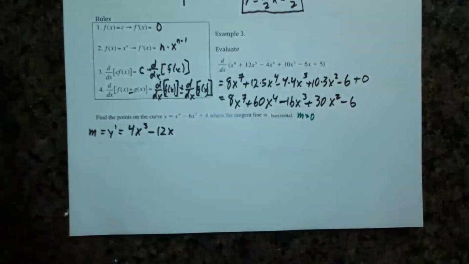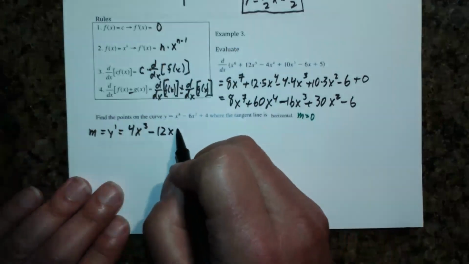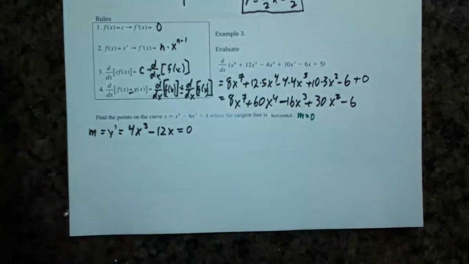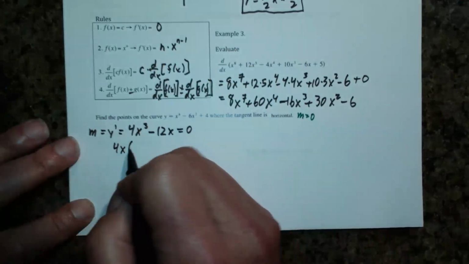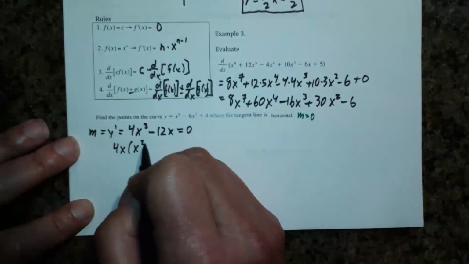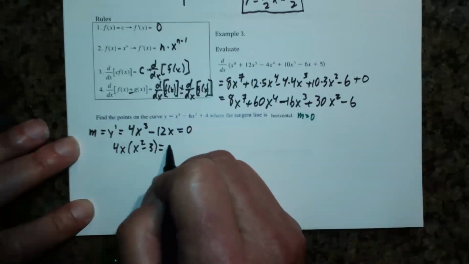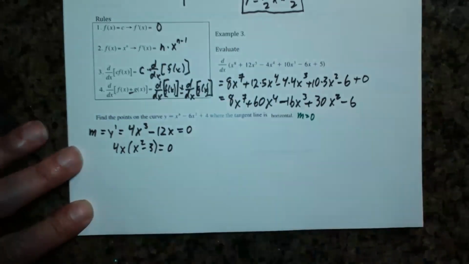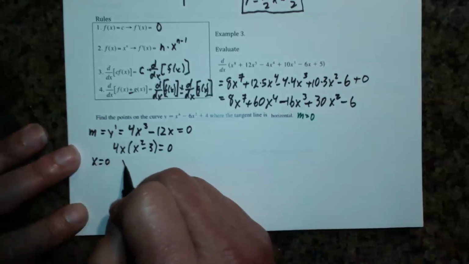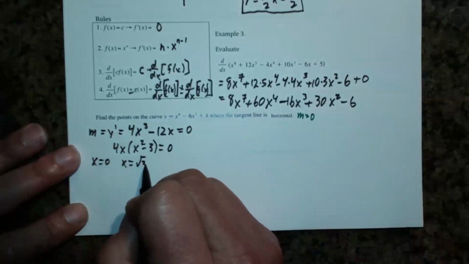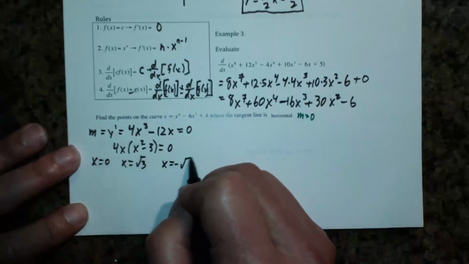Remember, the 4 goes away, it's a constant. And we want to know when this equals 0. All right. So let's factor out a 4x. And it looks like when x equals 0, when x equals root 3, and when x equals negative root 3.